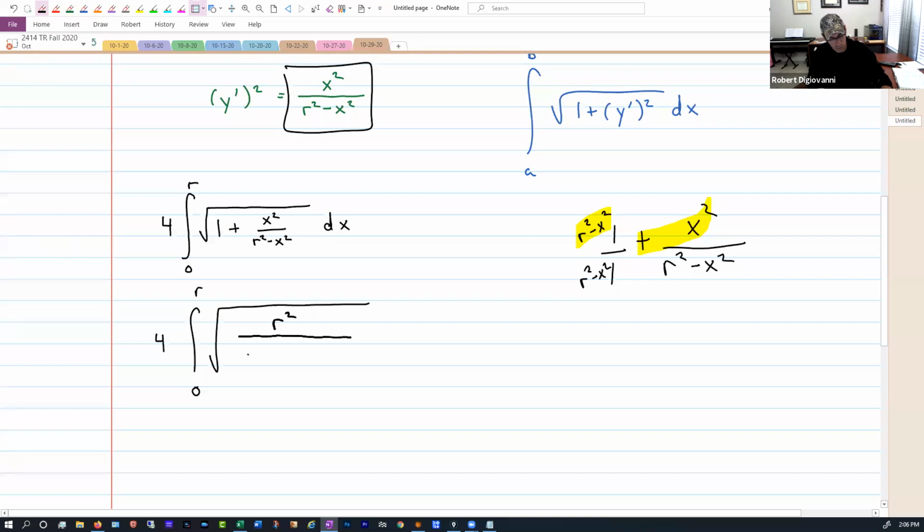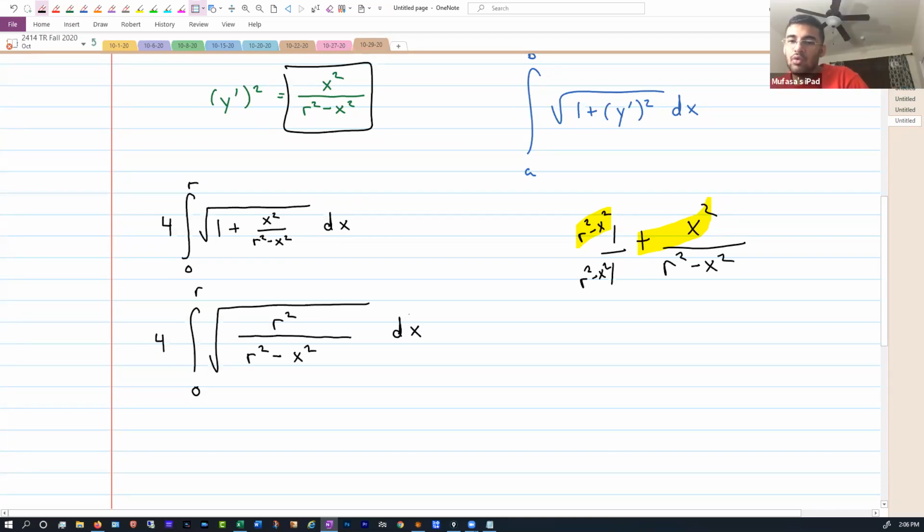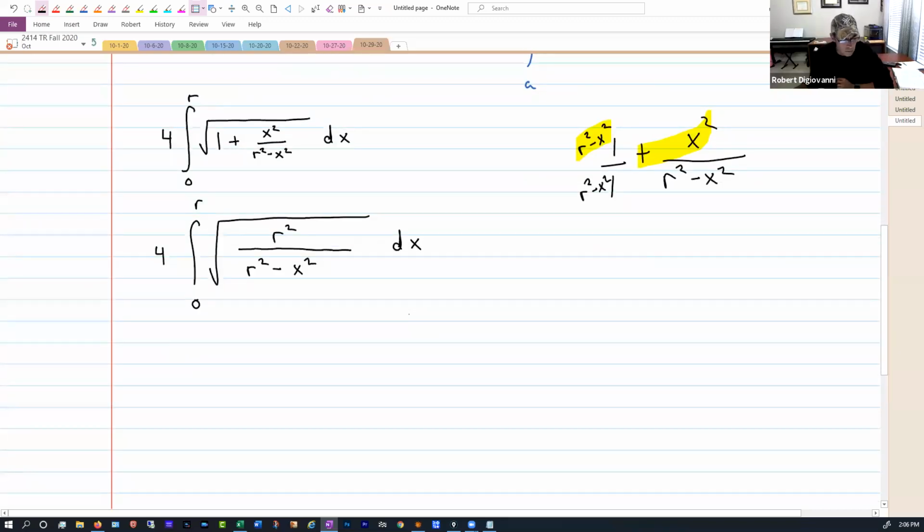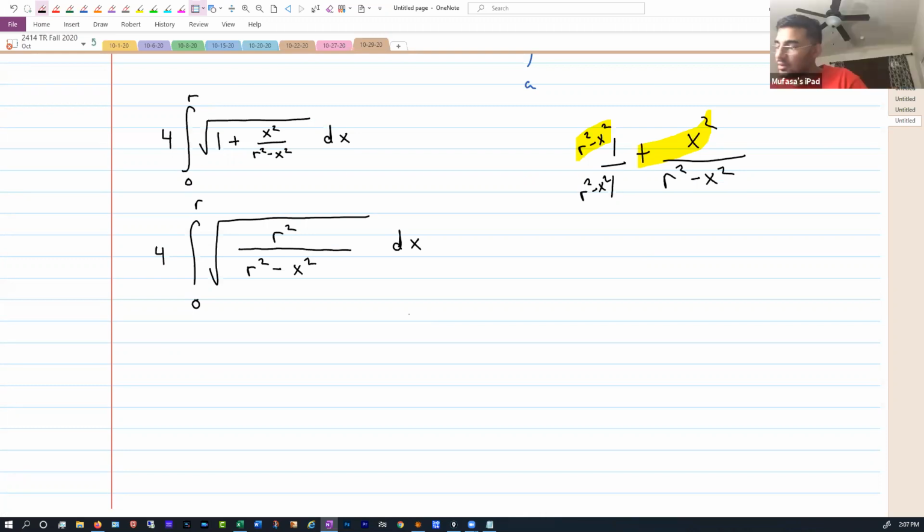Over r squared minus x squared. Can we separate it? At this point, we can take the square root of the top and bottom separately, can't we? And the square root of the top is just r, isn't it? And if r is a constant, it can come out.